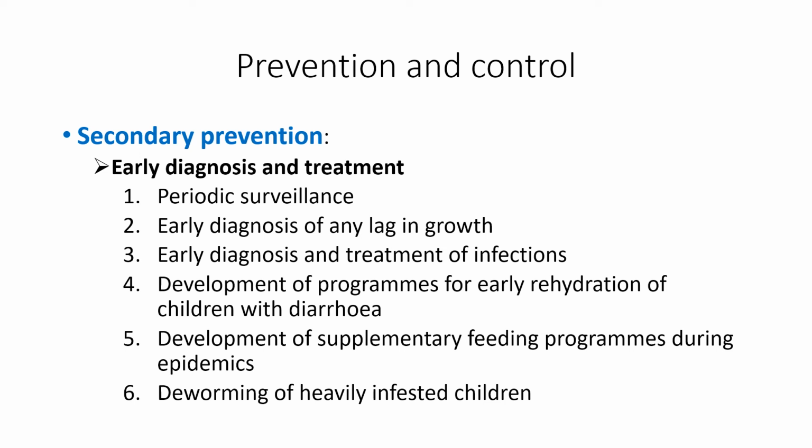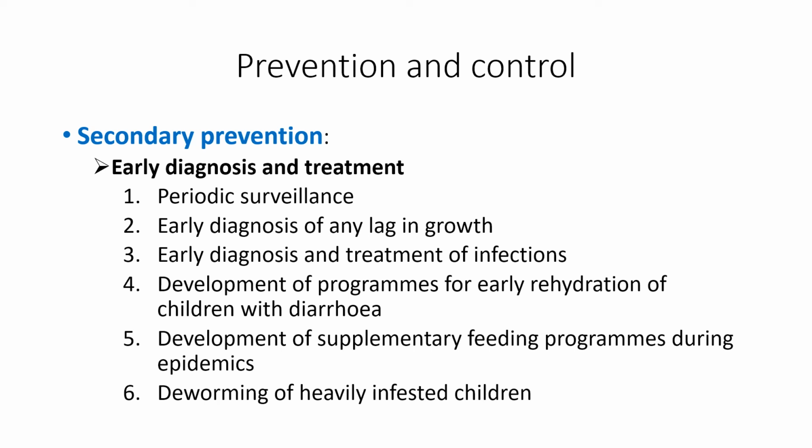Then early diagnosis and treatment of infections. If there is any infection, like diarrheal diseases or helminthic infections or GIT infections, their early diagnosis is made and they are treated accordingly. Then development of programs for early rehydration of children with diarrhea. As you know, for diarrhea, the most cost-effective method to prevent deaths due to diarrhea in children, and also in adults, is by using oral rehydration solutions.